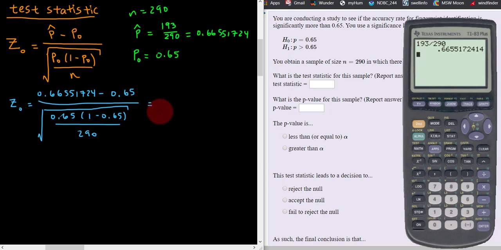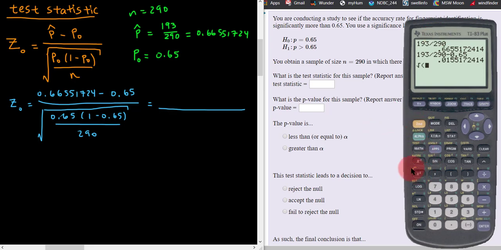Okay, let's compute this. I like to do the numerator first and the denominator second. So I'm going to take our 193 divided by 290 and subtract the 0.65 to get our numerator there. And now I'm going to calculate the denominator.